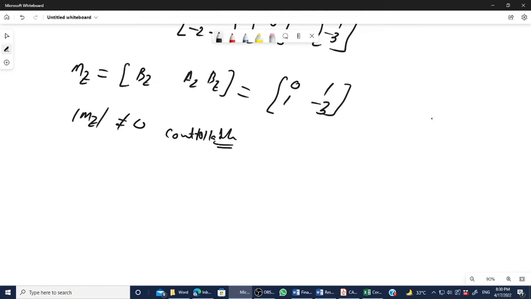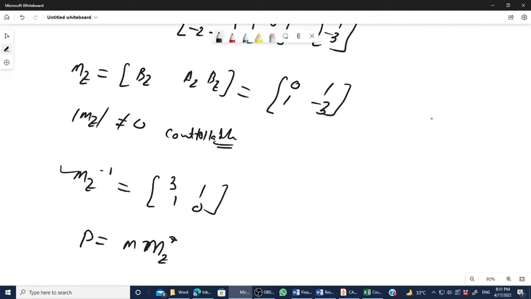So Mz inverse you can now find out, that is [3 1; 1 0], because it is required. So your P matrix is nothing but M into Mz inverse. You know Mz inverse, so you can find out the M matrix. Your M matrix was [0 1; 1 -1], and Mz inverse matrix is [3 1; 1 0], right?